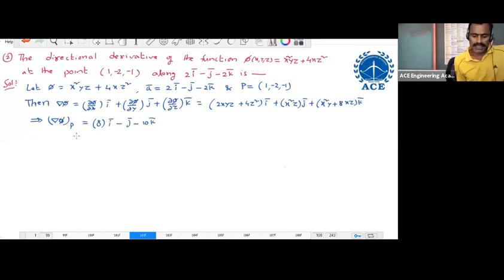Now we know del phi at a point. Now we consider the directional derivative. DD equal to del phi at P dot a bar by modulus of a bar.